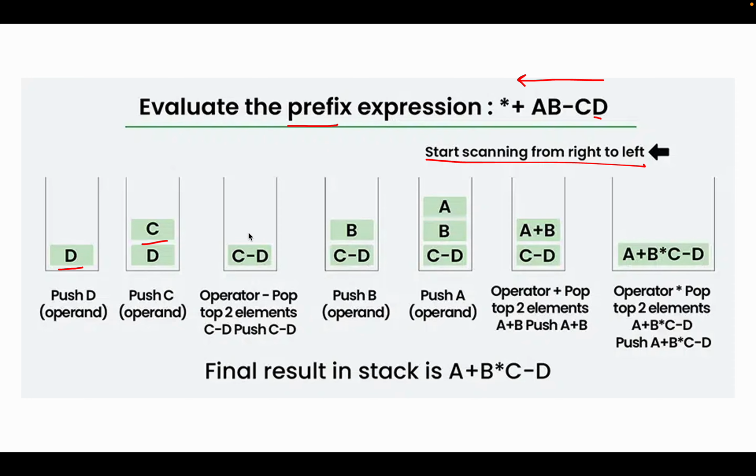Second one is C, and then we see the operation, so we do the operation and get the result here. And we add B, add A, and do some operations. When we have the last operation here, we will get the solution. That will be the calculation of the prefix expression. But remember that we have to start from the right to the left.